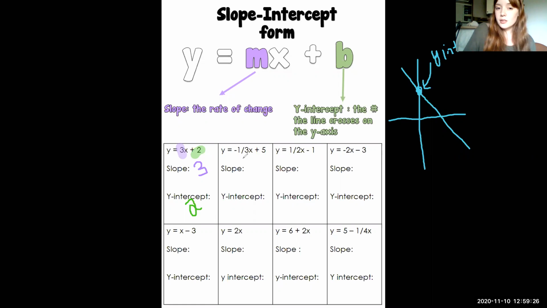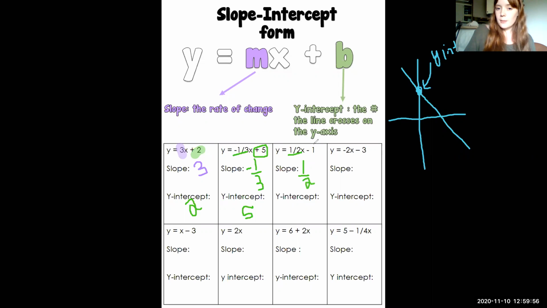This next one, the slope is the number in front of the x. In this case, it would be negative 1/3. The y-intercept is the number being added or subtracted. If it's an addition, that means it's a positive intercept, so this would be +5. We look at the next one, the slope is the number in front of the x, so 1/2.